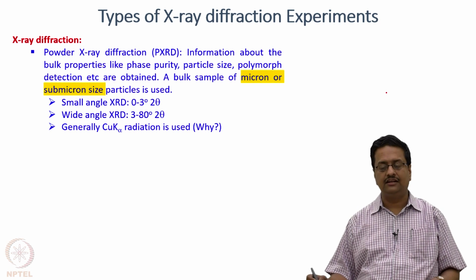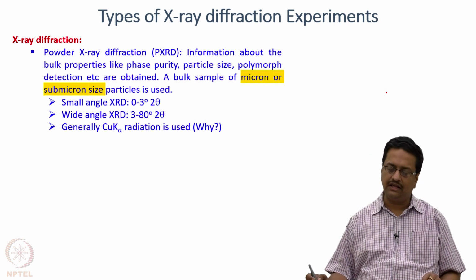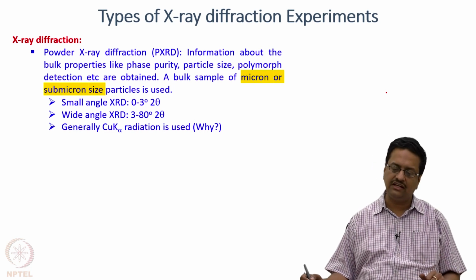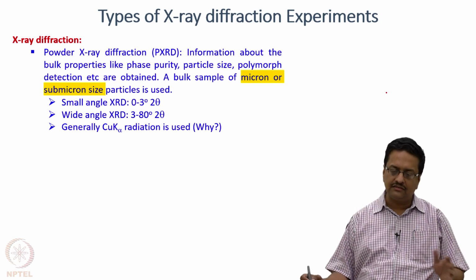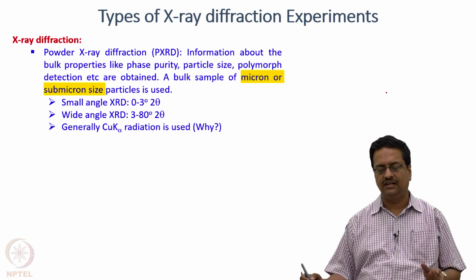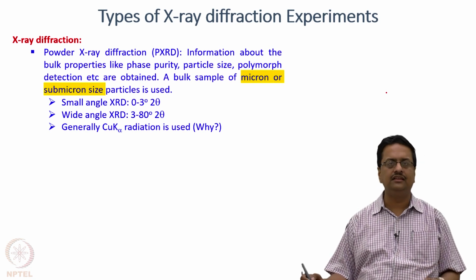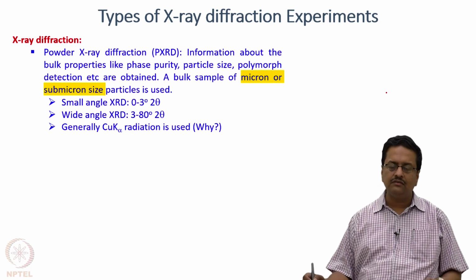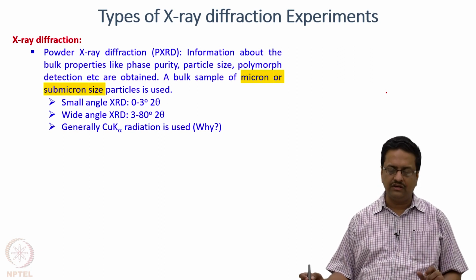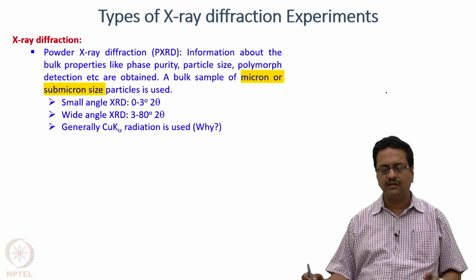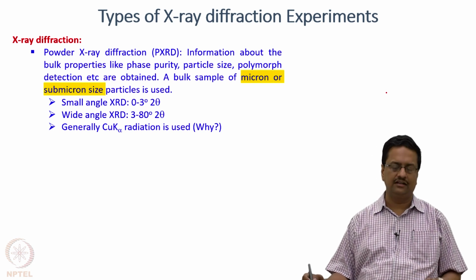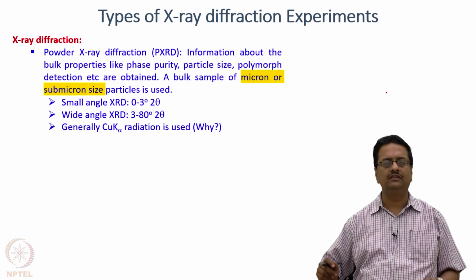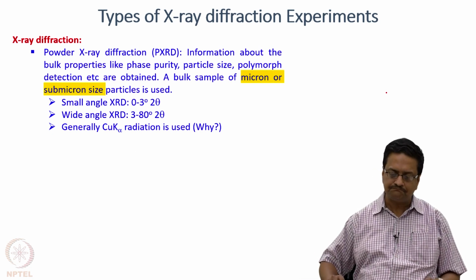Using small angle X-ray diffraction, one studies the diffraction of X-rays in the range of 2 theta from 0 to 3 degrees, while in wide angle X-ray diffraction, we study generally from 3 to 80 degrees or sometimes slightly higher. For powder X-ray diffraction, we use copper K alpha radiation in general. Why? We will come to it at some point in the following lectures.